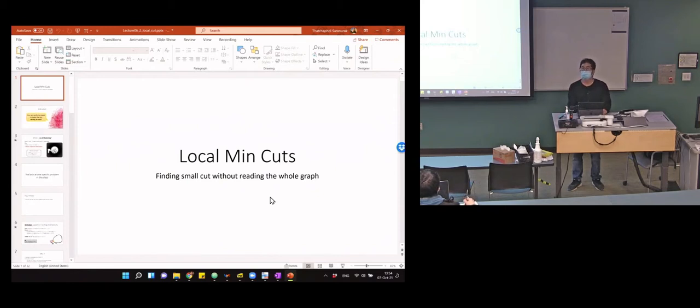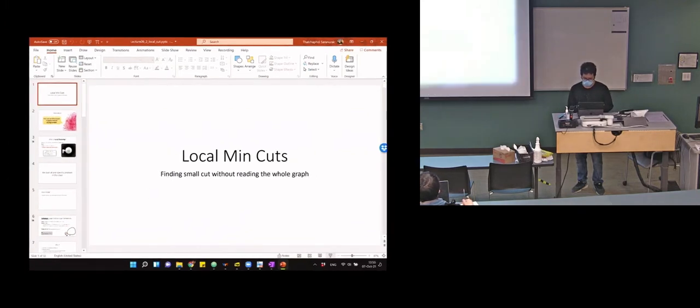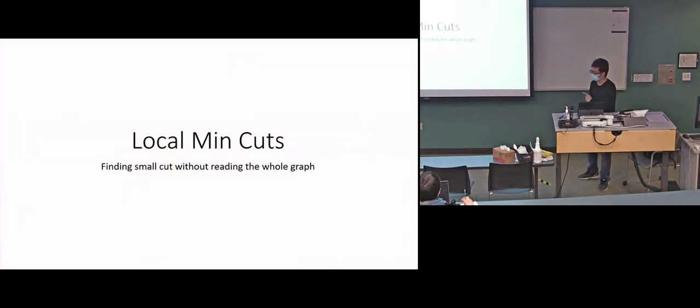Is there anyone who hasn't, or who would like to do it for a second time? Okay. So let me talk about this first, and then I will ask you at the end of the class. So maybe you change your mind because it's nice.